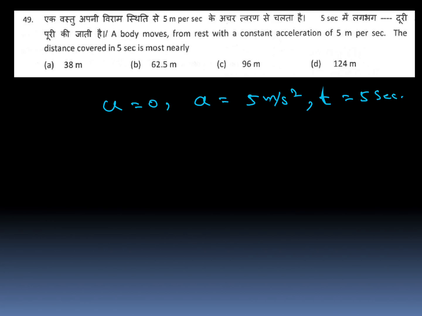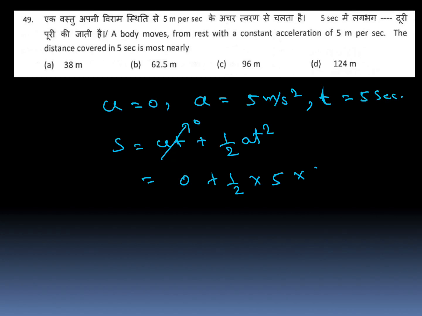We will apply s equal to ut plus half at square. a given, t given, u is 0, so this term will be 0. Plus half, acceleration is 5, t is 5 square, 25 into 5 is 125, 125 by 2, 62.5. Option is available, B is your answer.